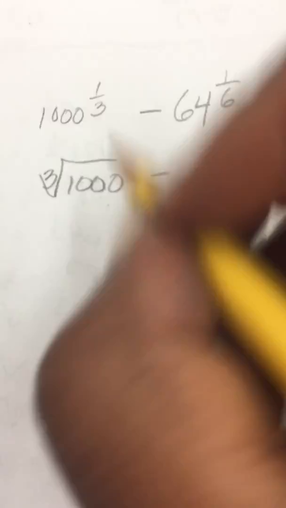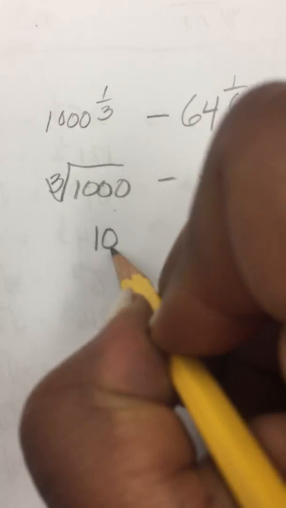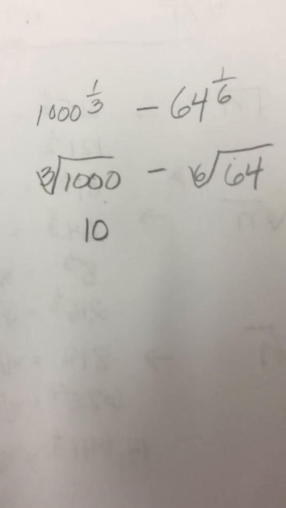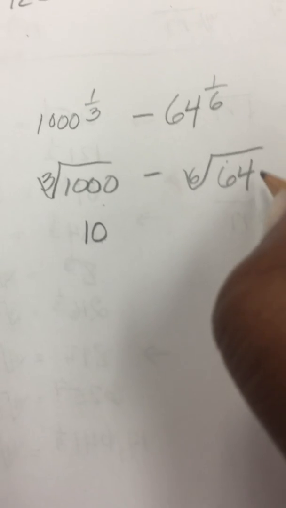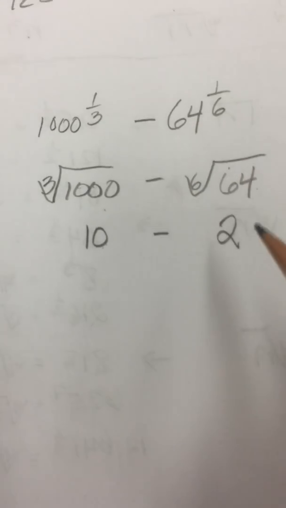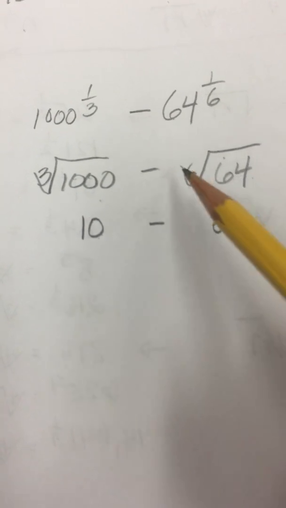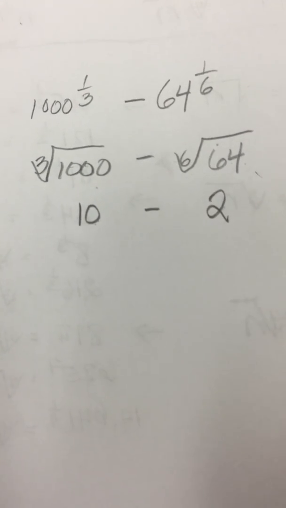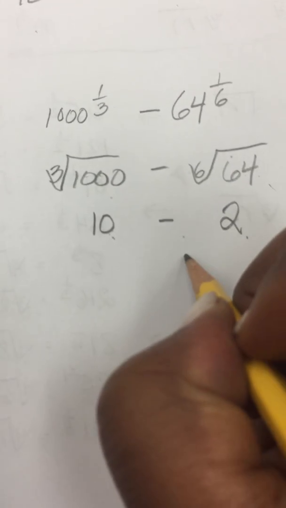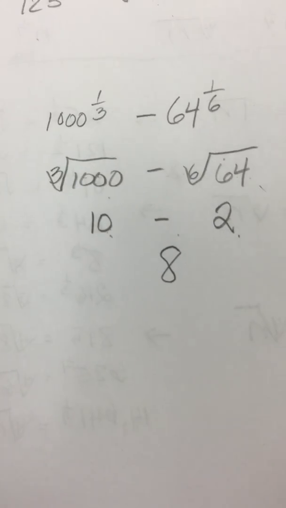So the cube root of 1,000 is 10, because 10 times 10 is 100, times 10 is 1,000. The 6th root of 64 is 2, because if I multiply 2 6 times, I get 64. So 10 minus 2 is simply 8. So the answer is 8.